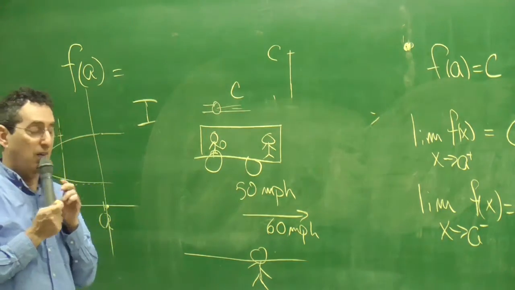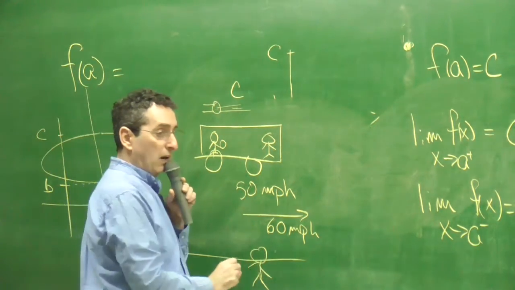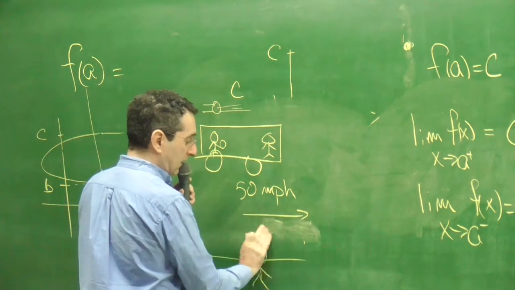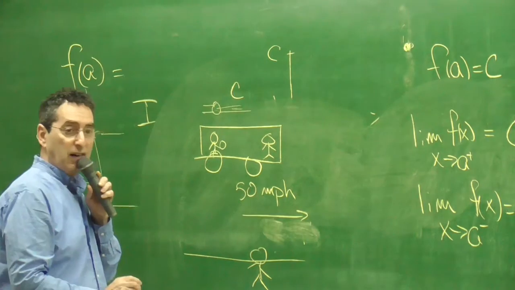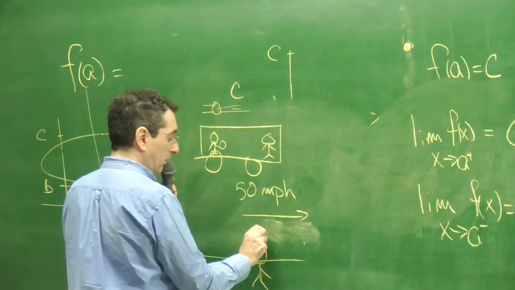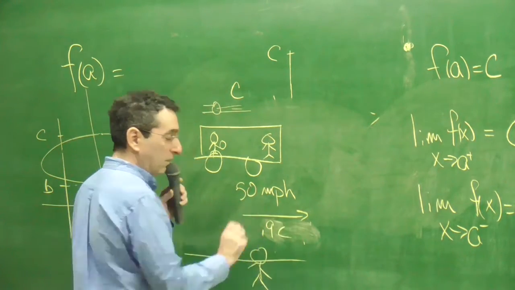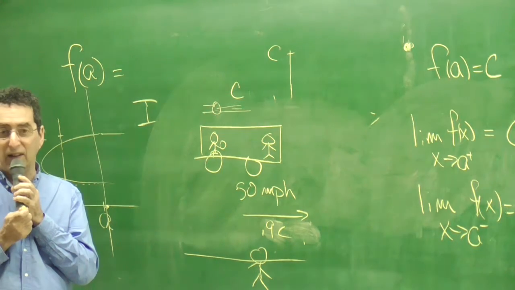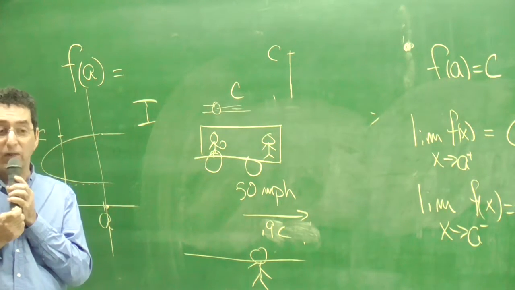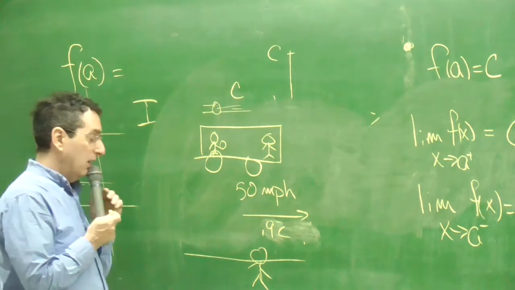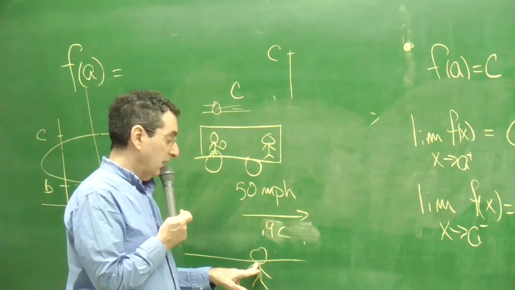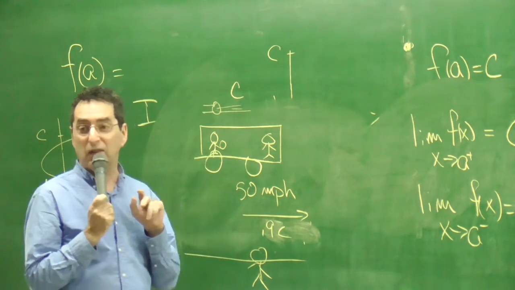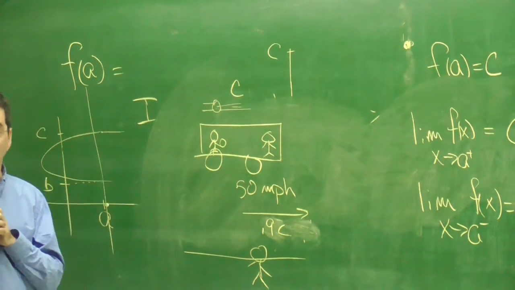Now here's a person on the ground, and let's suppose the train is not moving at 60. Let's make it faster, like 0.9 C, almost the full speed of light, but not quite. So the train is moving super fast. Now the question is, how fast is he going to measure the speed of the flashlight's light?